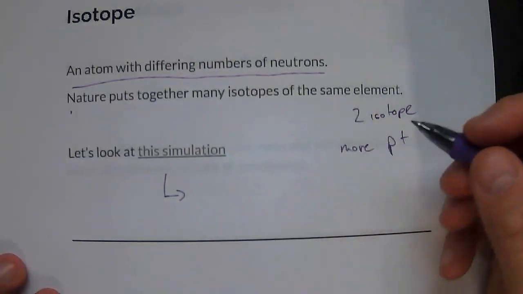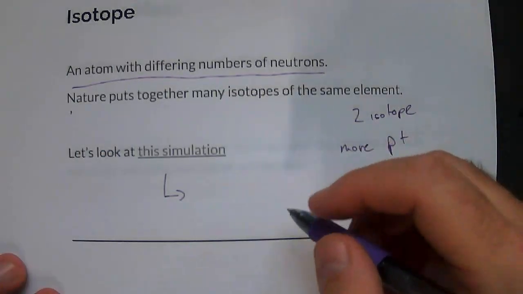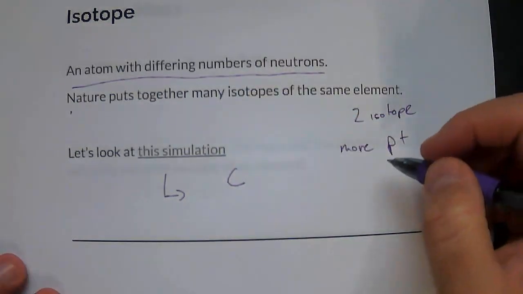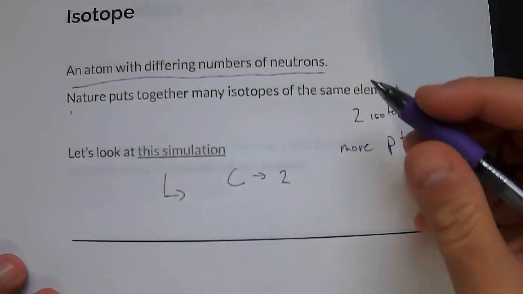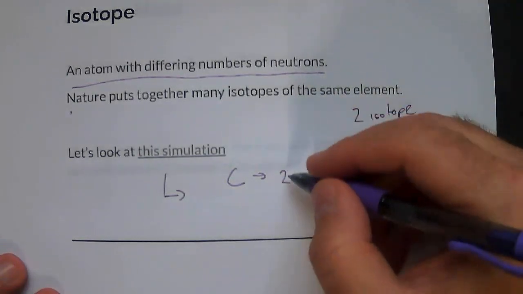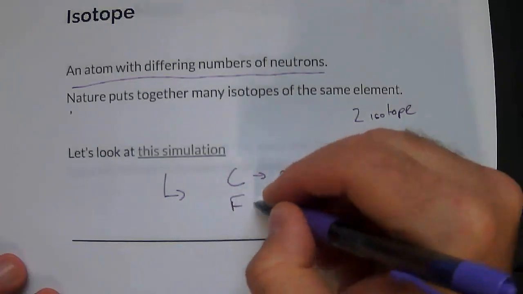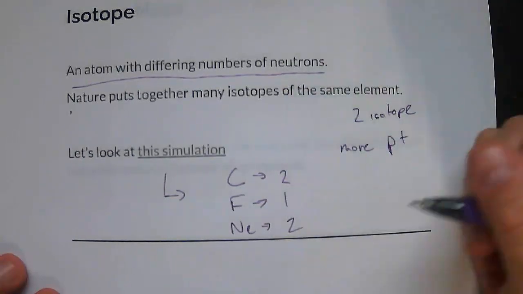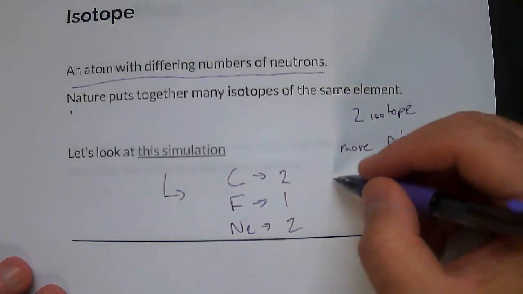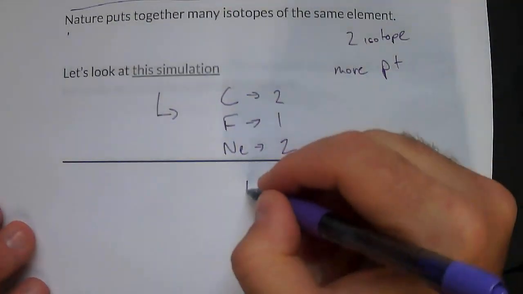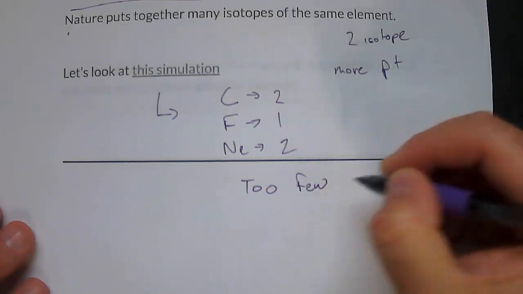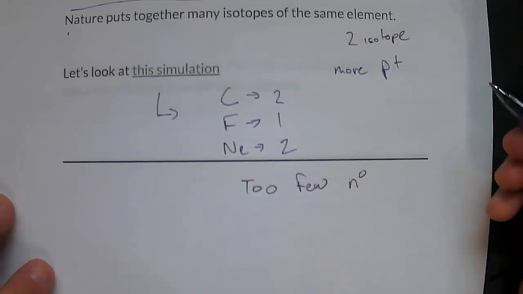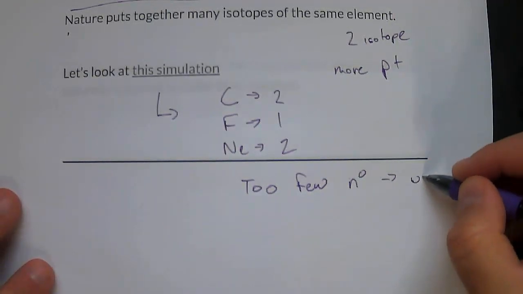The simulation will show that something like carbon has 2 naturally occurring isotopes. Something like fluorine has 1 naturally occurring isotope, and neon will have 2 naturally occurring isotopes, because if you have too few neutrons in your structure, again, Legos, you're going to have something that is unstable.